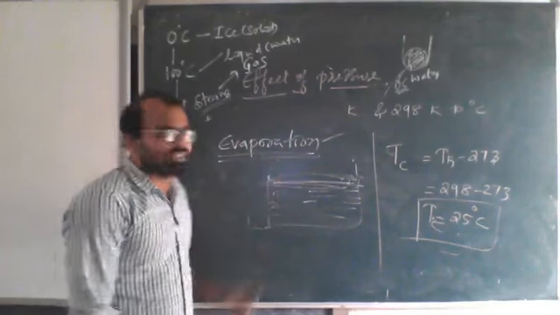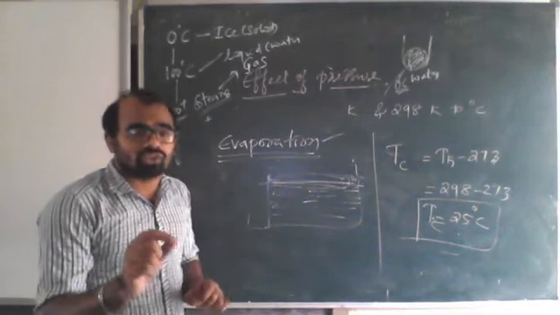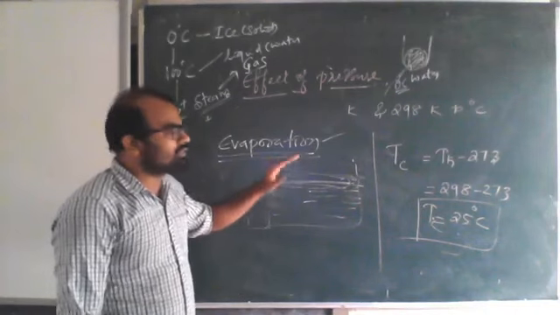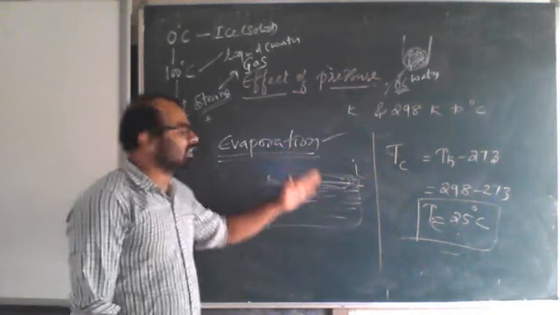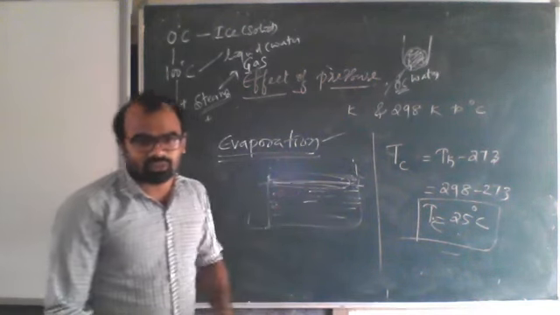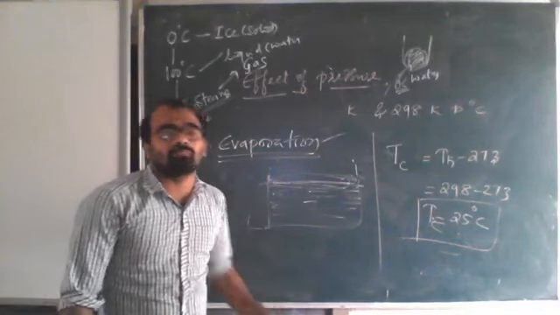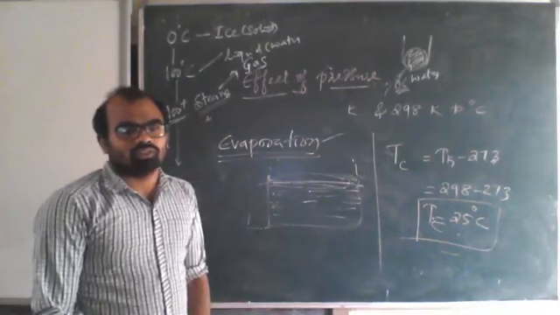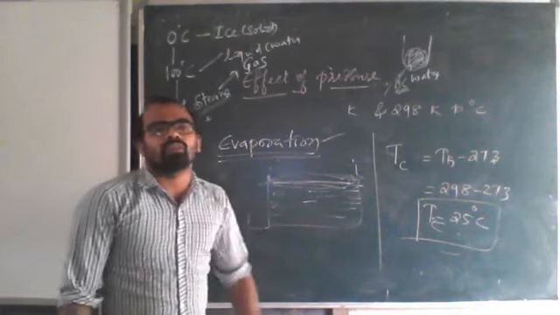It is a surface phenomenon in which the particles of the liquid gain some energy to come out of the forces of attraction of the liquid and get vaporized below its boiling point. This process is called evaporation.